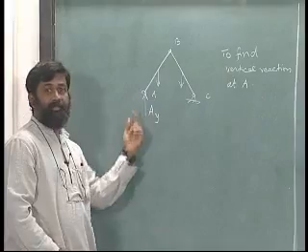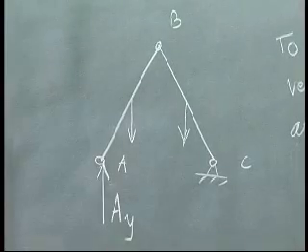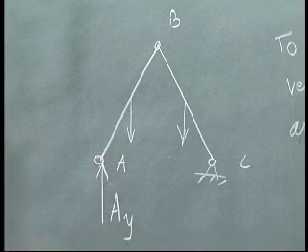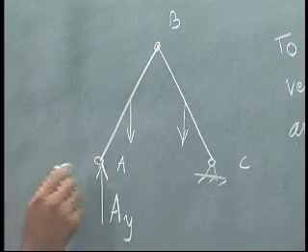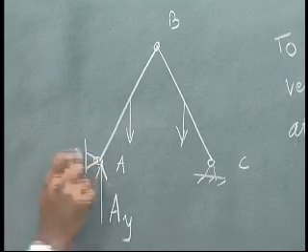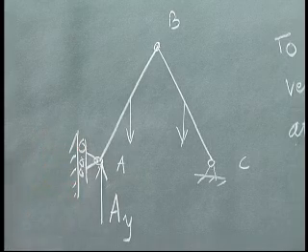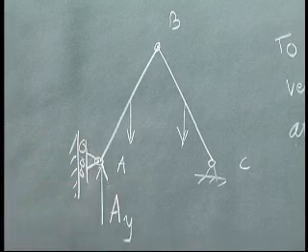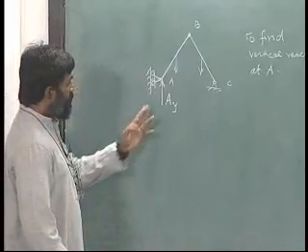If I have assumed like this, just as in equilibrium equations, I will get a negative value if the actual direction is the opposite. Okay. Since I should not allow movement in this, I will have the horizontal displacement arrested at A.